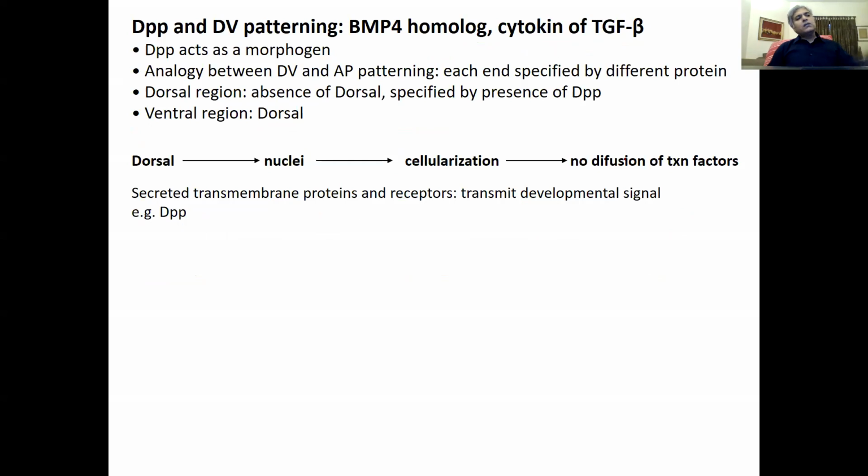Now, let's talk about the dorsal. Yeah, Abdullah? Sir, so the binding sites for rhomboid will be of high affinity for dorsal, and snail and twist will be of low affinity?